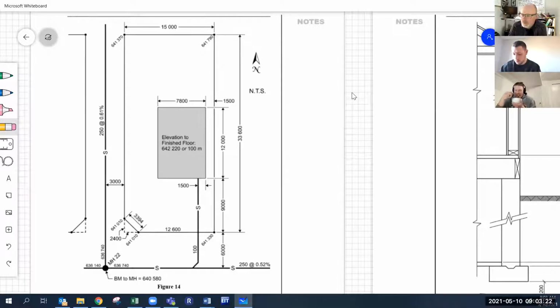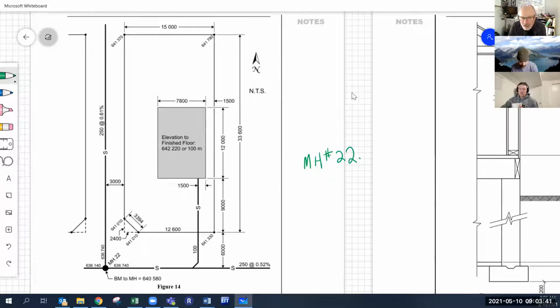What is used as the benchmark? Shout it out if you know. 640580. Manhole 22. It's manhole number 22 is the answer. So manhole number 22 is used as the benchmark.